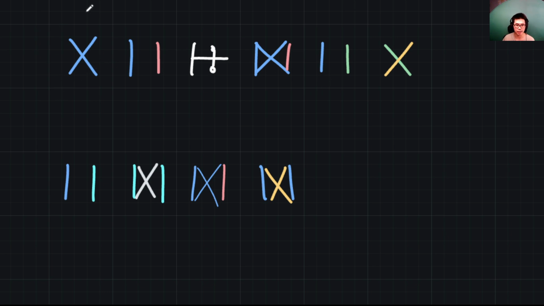Okay, so the X gate expressed as a matrix would be this. The left member comes from the right member, and the right member comes from the left member.